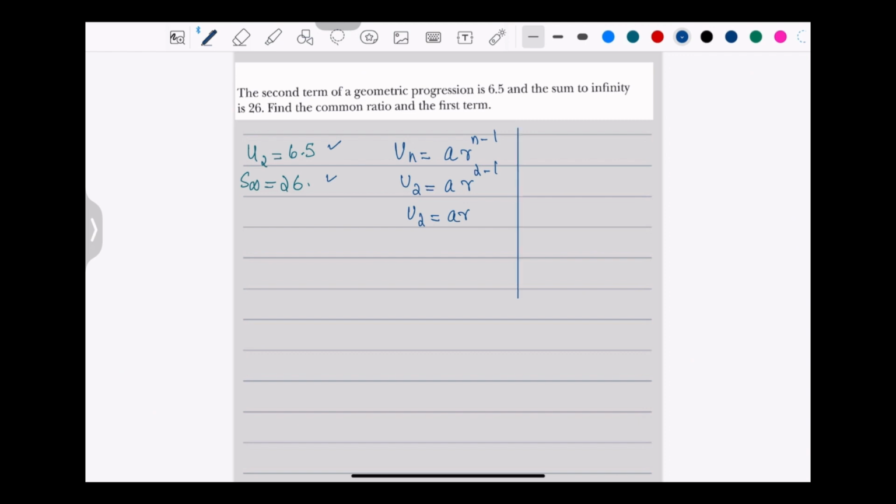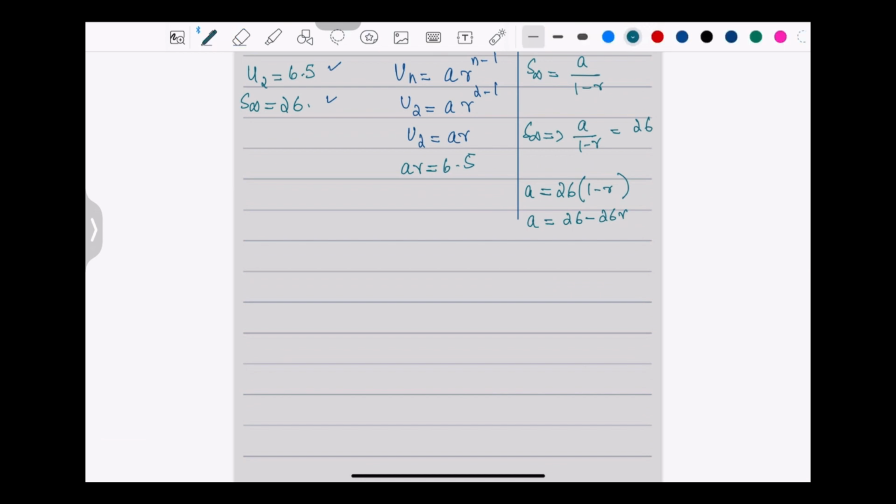Now the next thing is S infinity is a over 1 minus r, and S infinity in this scenario is 26, and here ar is equal to 6.5. Now this turns out to be a equals 26 times 1 minus r, or a equals 26 minus 26r.